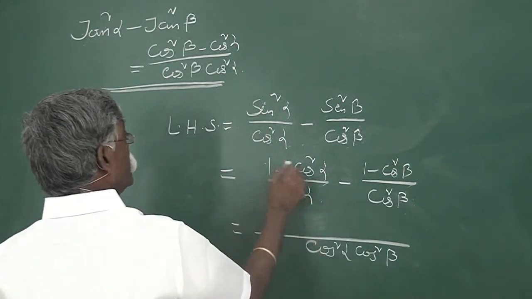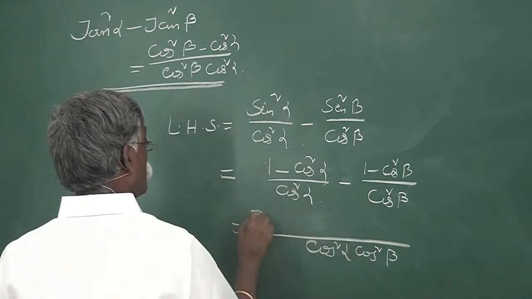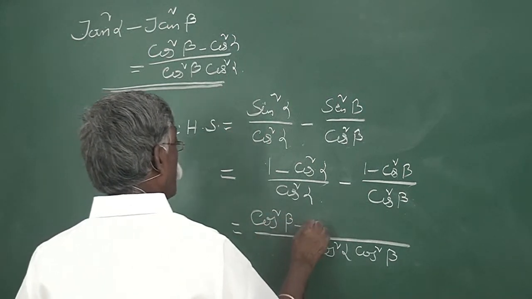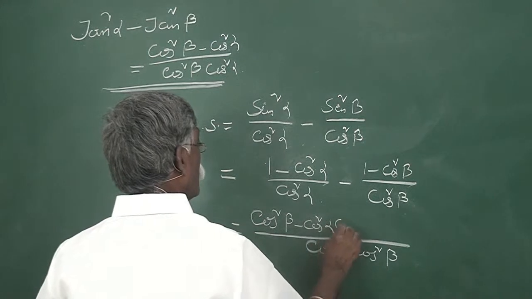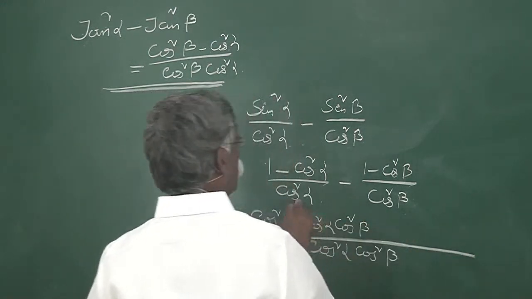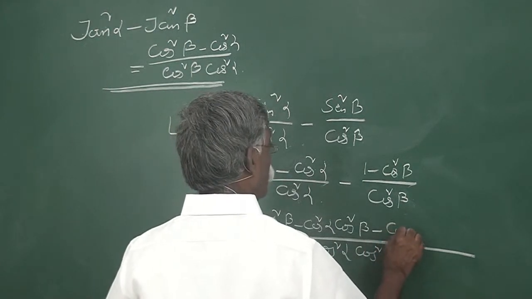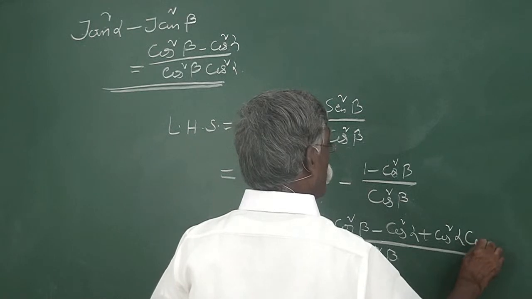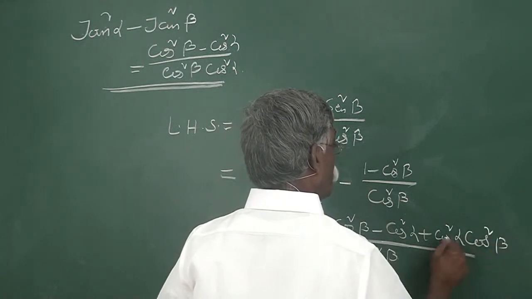Now, these two are to be multiplied by cos square beta, and hence we'll get cos square beta minus cos square alpha cos square beta and minus cos square alpha plus cos square alpha cos square beta.